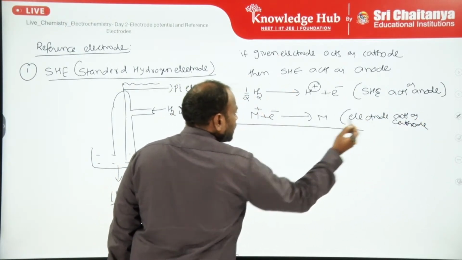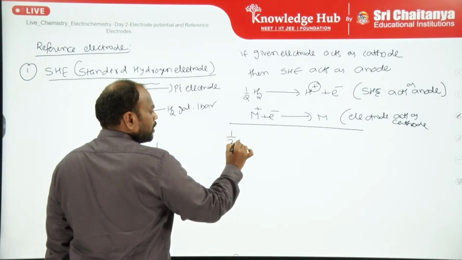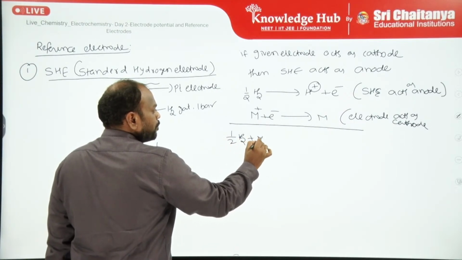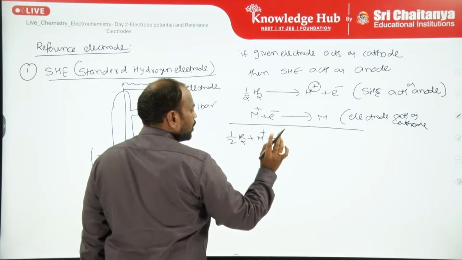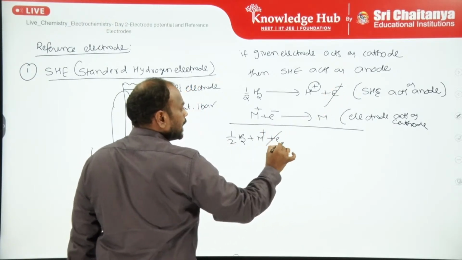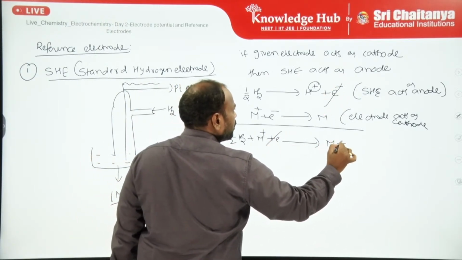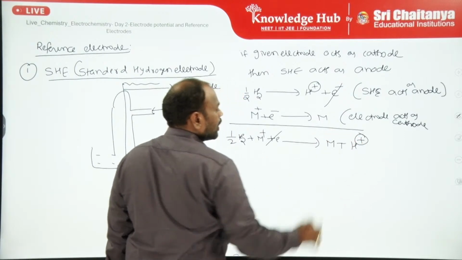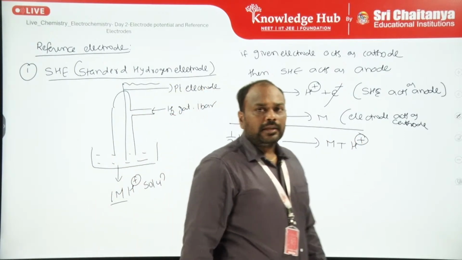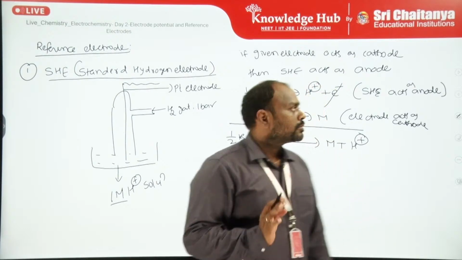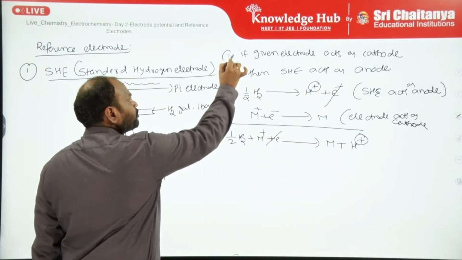So the overall reaction we can write as half H2 plus M plus, the electrons get cancelled. So M plus H plus. So in this way SHE acts as anode. Suppose this is case 1.